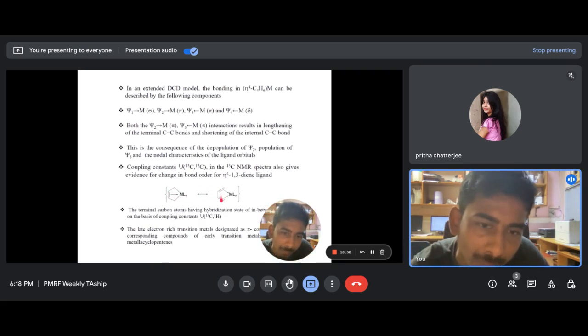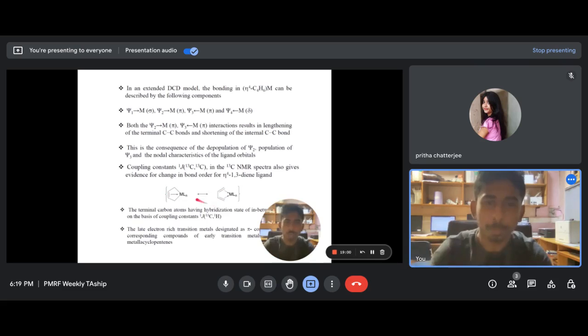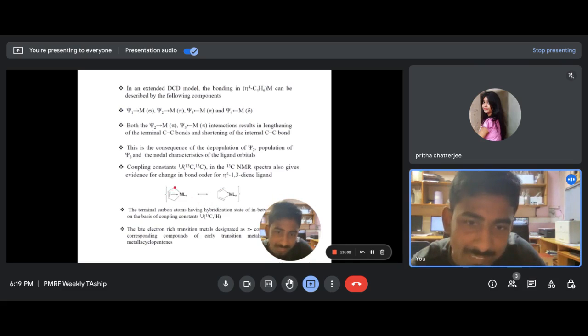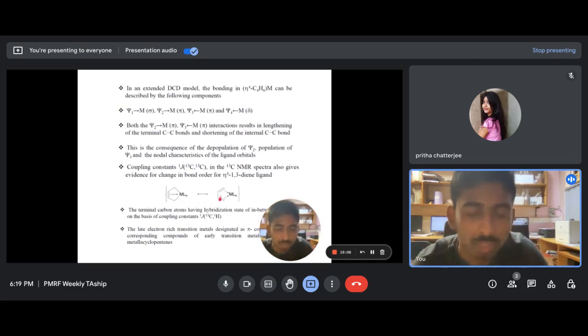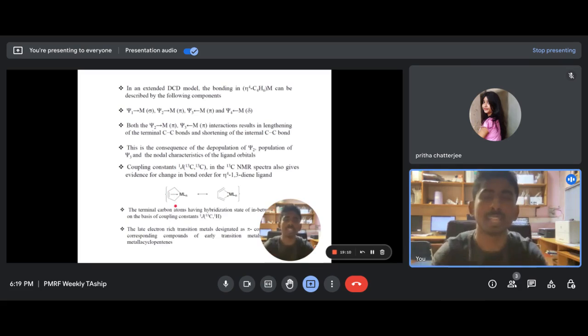In this case there are double bonds, so the bond length is short. In this case there is a sigma bond, so the bond length is quite high. From double bond they are coming to single bond, so the bond length will be lengthened. That's why there will be a significant canonical structure that can be drawn between this eta 4 1,3-diene and this cyclopentene kind of system.